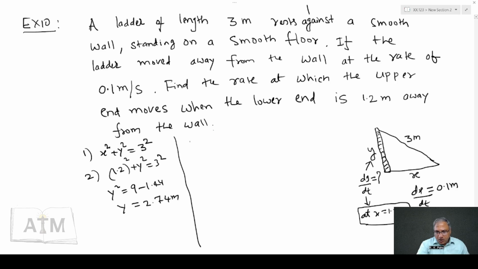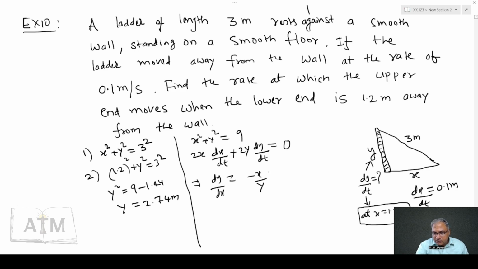After that, we have x squared plus y squared equals 9. Differentiating with respect to t, 2x into dx by dt plus 2y dy by dt equals 0, which implies dy by dt equals minus x upon y into dx by dt.